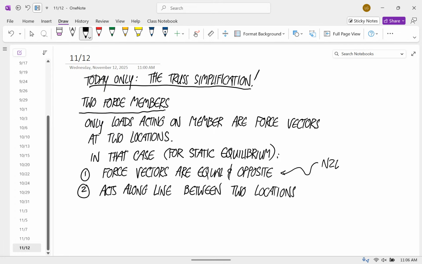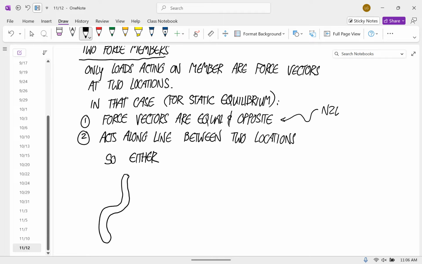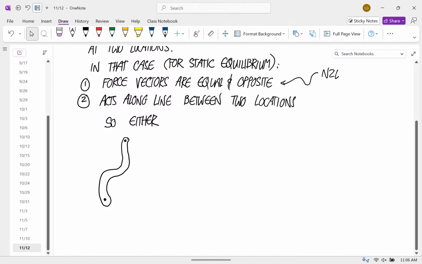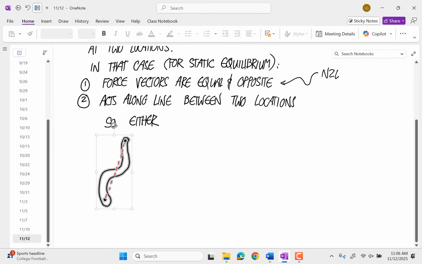So what that means is usually these members are straight, but they don't have to be, so I'm going to draw sort of a funky thing. Let's say that we have one location here and one location here. And the line between those two points is this. I'm going to copy this.